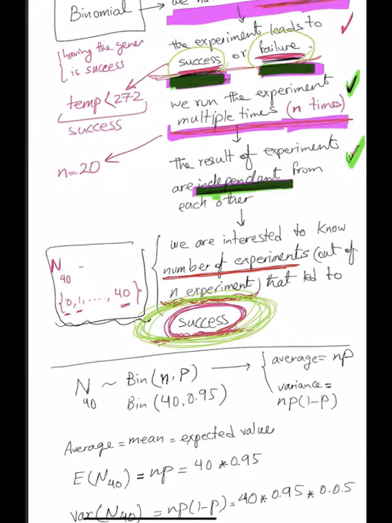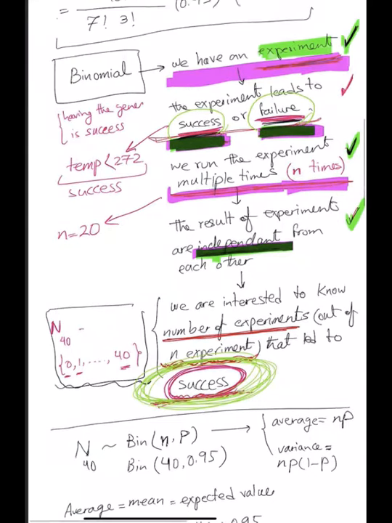Yeah, we want to know if 12 of them are going to be less. Exactly. We want to know that out of these 20 reactions, what is the chance that 12 of them lead to success, which here is the temperature being less than 272.